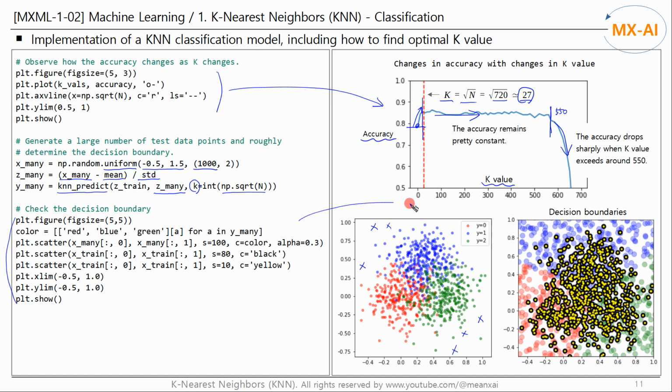The results are as follows. Yellow dots are training data points. The red circles are the test data points where the class was estimated to be 0. The blue circles are the test data points where the class was estimated to be 1. And the green circles are the test data points where the class was estimated to be 2.